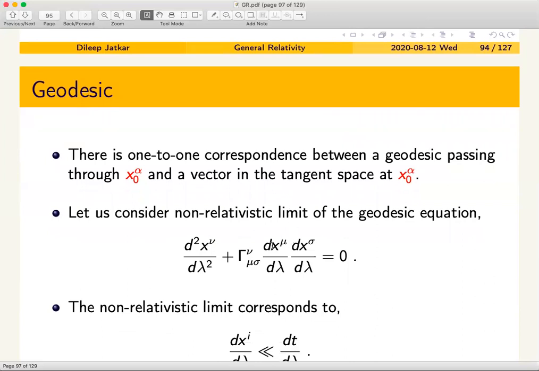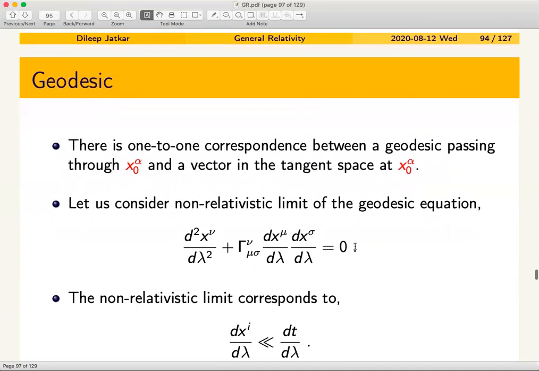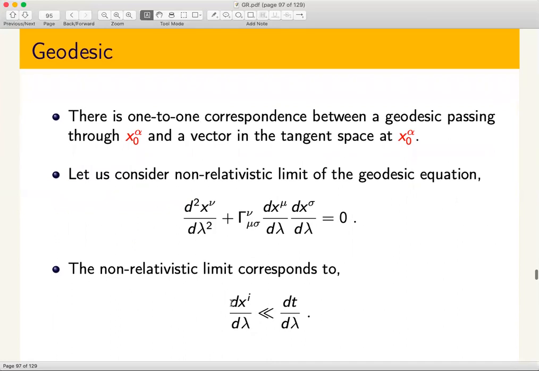So what we'll do now is we'll try to take the non-relativistic limit of the geodesic equation. When we say non-relativistic limit, we mean that the spatial components of velocity are small compared to the temporal component. In this parameterization, that statement corresponds to dx^i by d lambda being much smaller than dt by d lambda. Of course, the original geodesic equation is covariant, but when you take the non-relativistic limit, you make this distinction: the spatial variations are slower than the temporal variation.